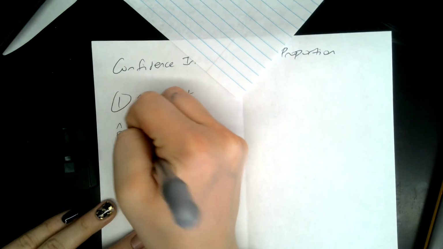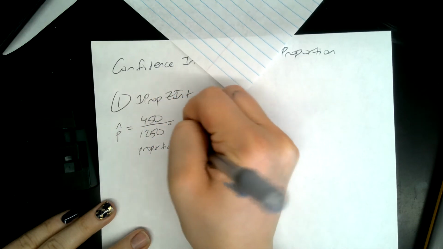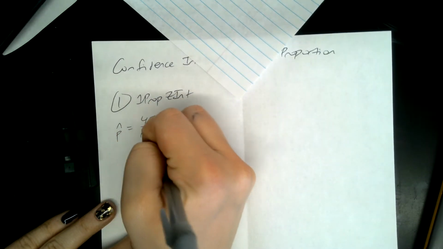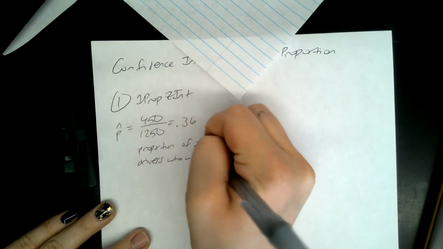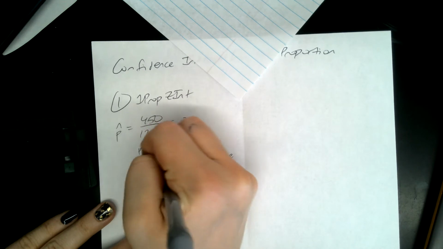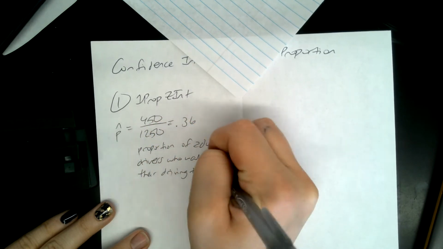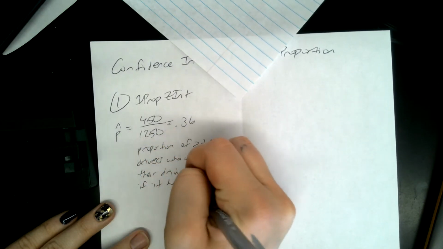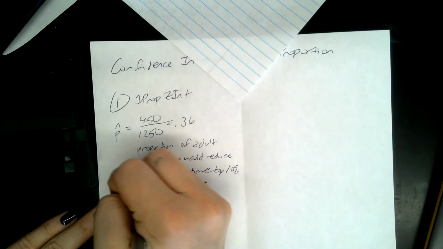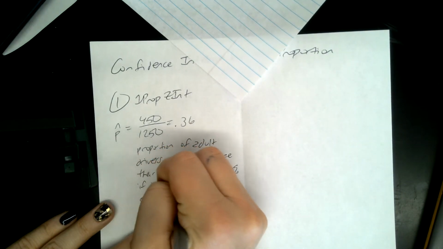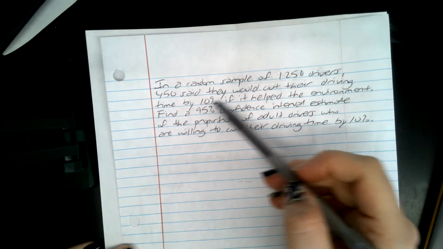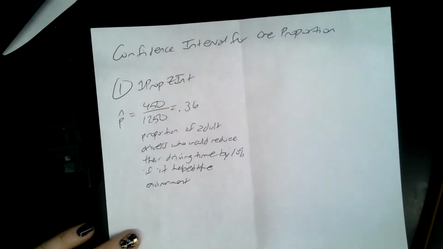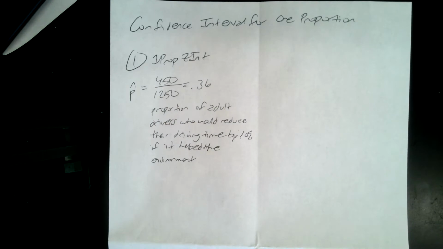It is the proportion of adult drivers who would reduce their driving time by 10% if it helped the environment. And I get that from the problem. That is just what is being described here. They said they would cut their driving time by 10%. That's my box 1. So that is all for box 1.